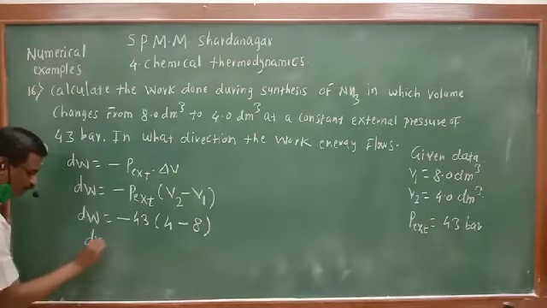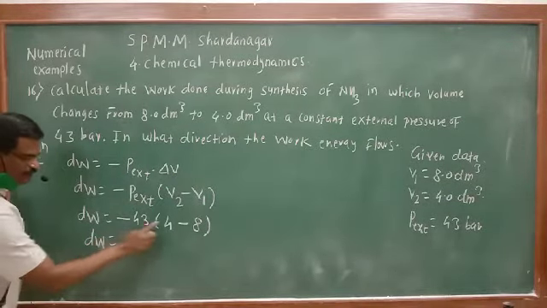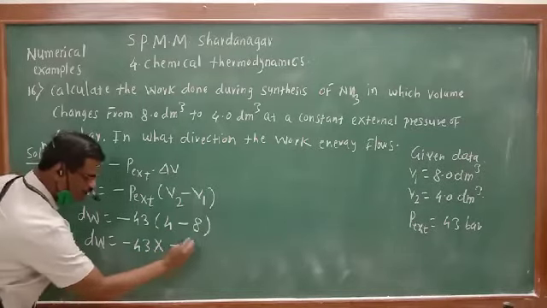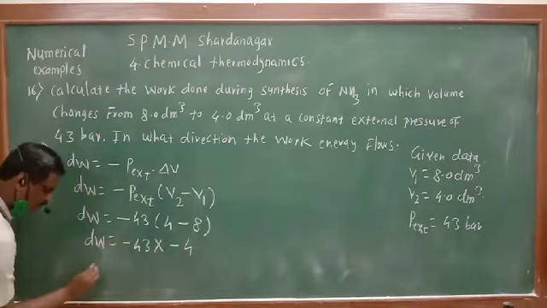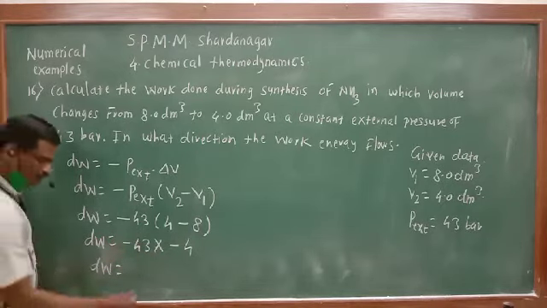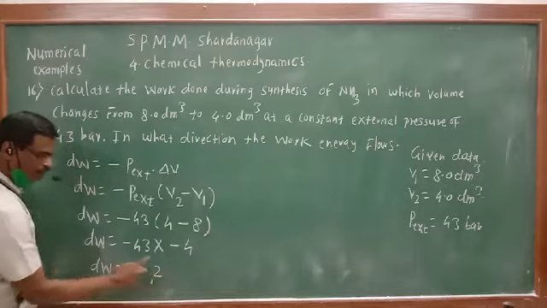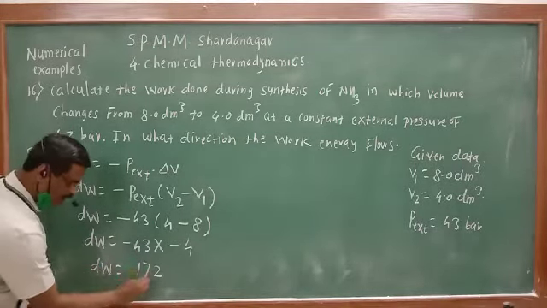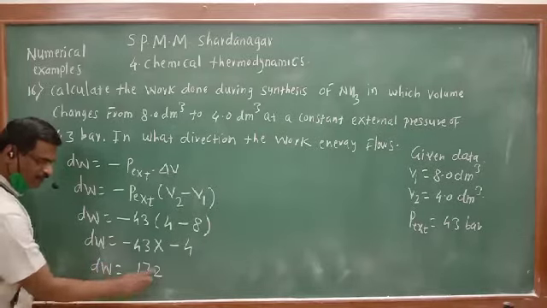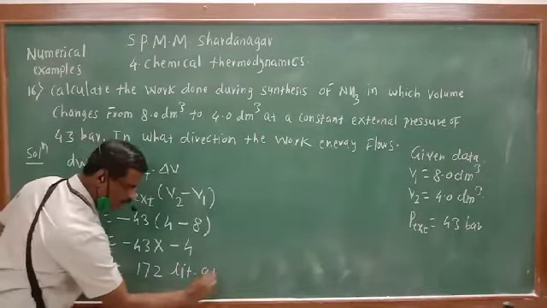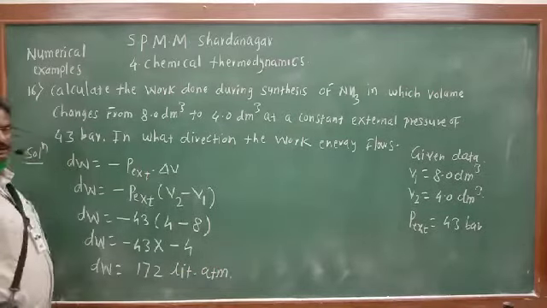So dW will be equal to minus 43 into minus 4. Minus minus is plus, therefore work done dW will be equal to 4 3s are 12, 4 4s are 16, plus 1 is 17, means plus 172 liter atmosphere or liter bar.